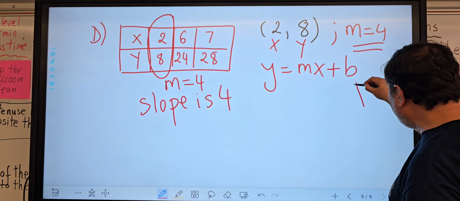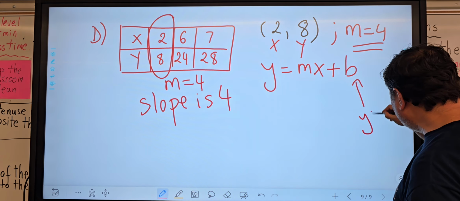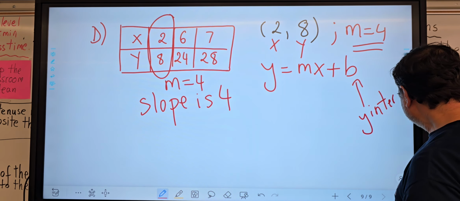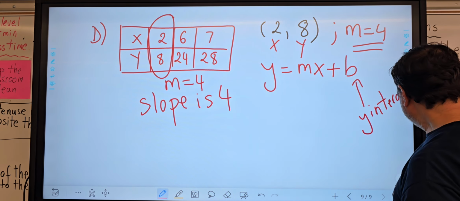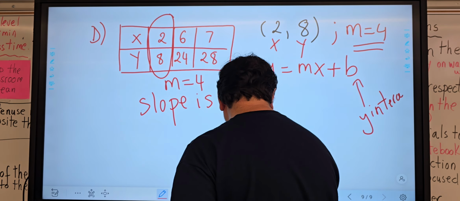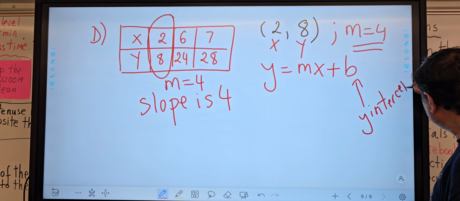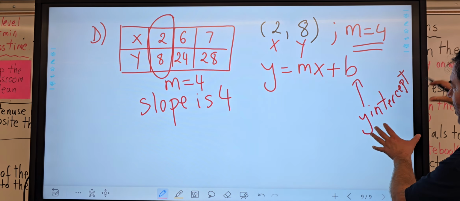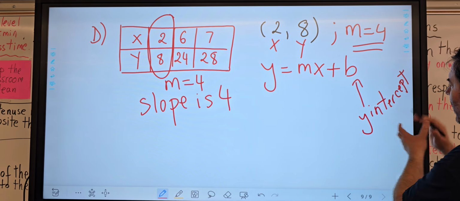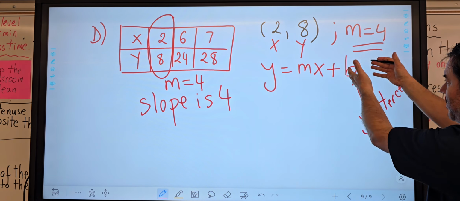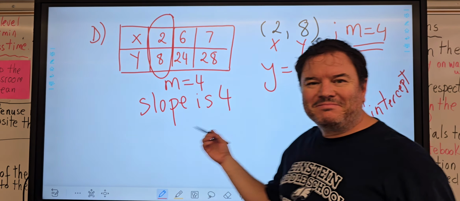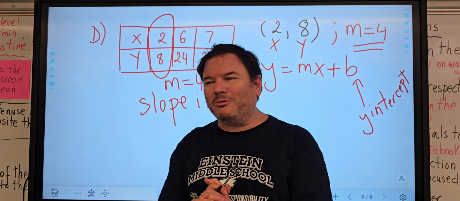The y-intercept is the location where the line crosses the y-axis. If b is 0, then yes, it will go through the origin.